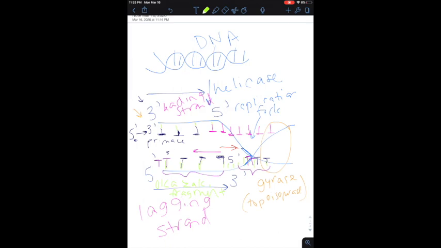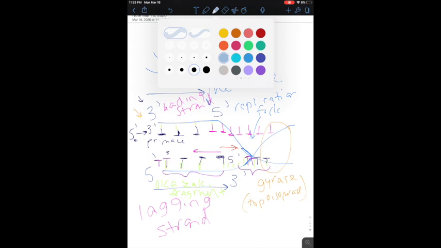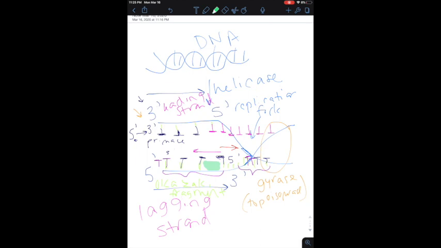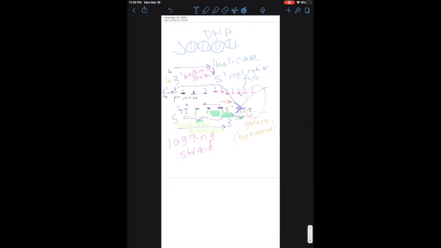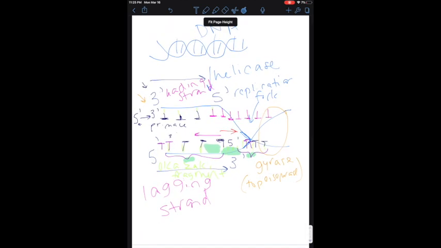So what enzyme is going to connect these Okazaki fragments? That would be ligase. So ligase fills the gaps in between these Okazaki fragments. It fills the gaps by phosphodiester bonds, okay?